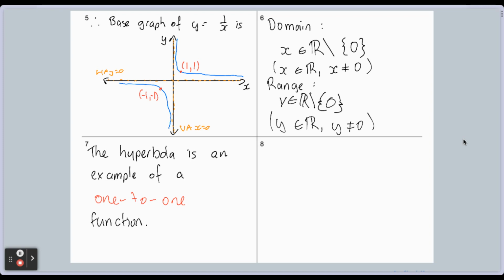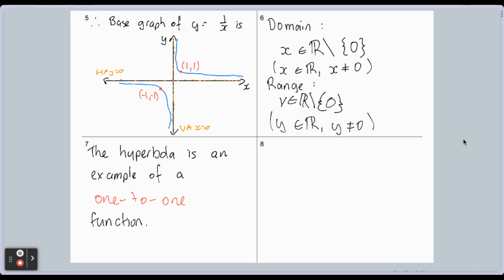It's a stricter function. So in the case of a one-to-one function, for every input, for every value of x, there is exactly one output. So for every value of x, there is a corresponding value of y, and that is unique.